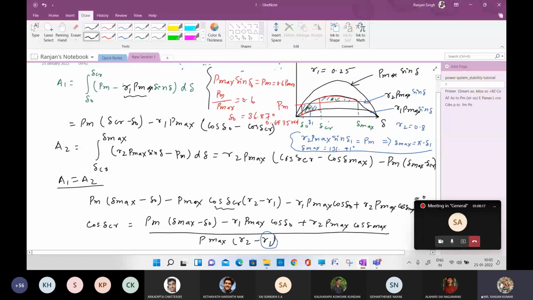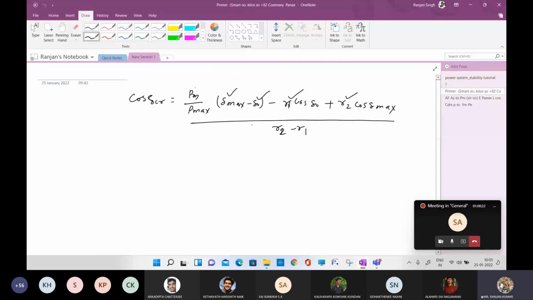So if you put the R1 value in this equation, then Pm by Pmax is 0.6, delta max I have calculated 131.41. If you calculate in radian, it will come to be 2.294 minus delta naught 0.6435.